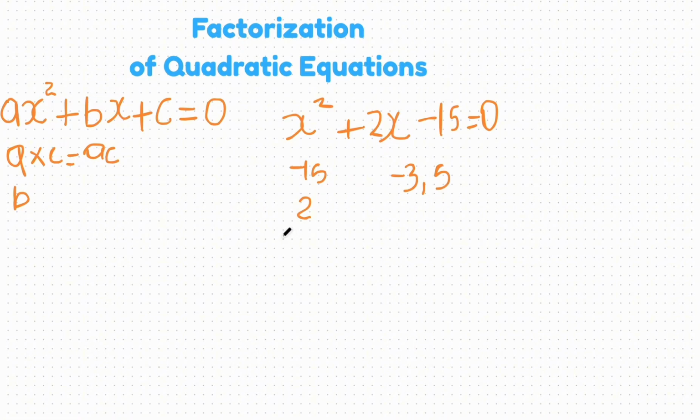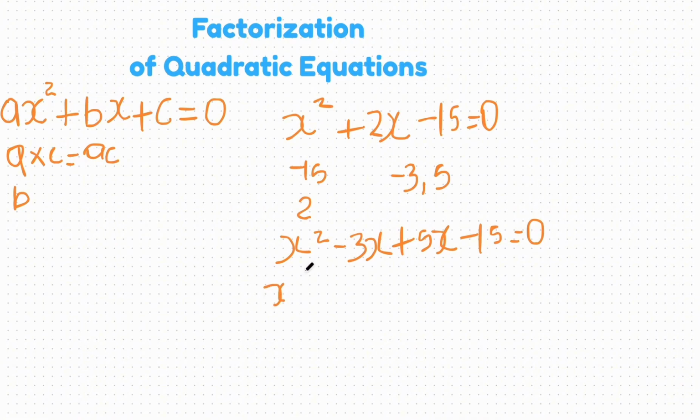Let's rewrite the equation. So it becomes x squared minus 3x plus 5x minus 15 equals 0. And we will go ahead and solve by factoring. So we need to find the HCF or GCF of x squared minus 3x, and that would be what?